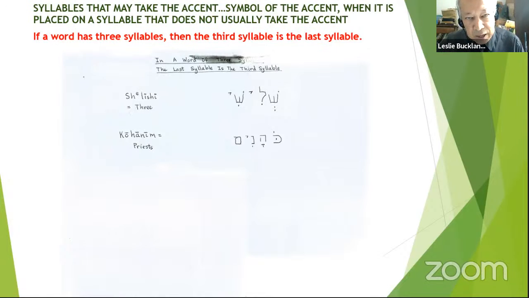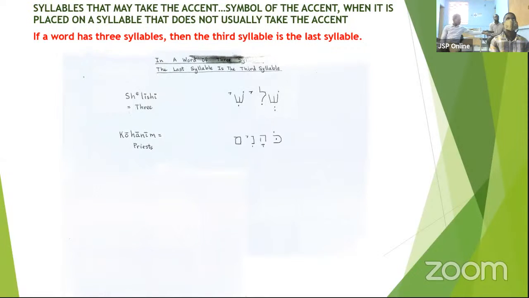Depending on the number of syllables, you know that the last syllable will be the very last one, regardless of whether there is one syllable in a word, or two syllables, or three or four syllables. The accent goes on the last syllable.